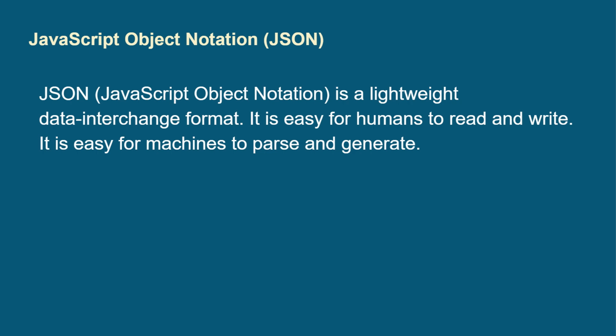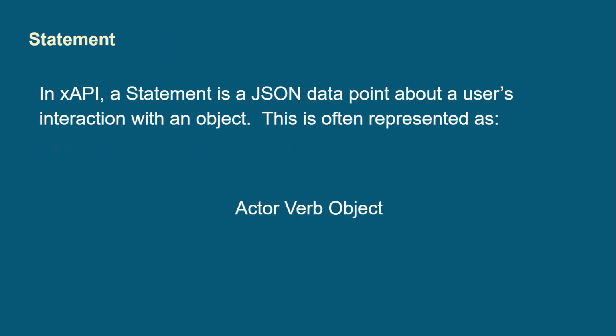All right, getting into some specific stuff about xAPI data. I mentioned this earlier, statement. So in xAPI, a statement is JSON, so that data binding that we talked about before, about a user's interaction with some object. You will often hear this referred to in xAPI 101 as actor, verb, object. I did this: Jono completed History 101, for example.